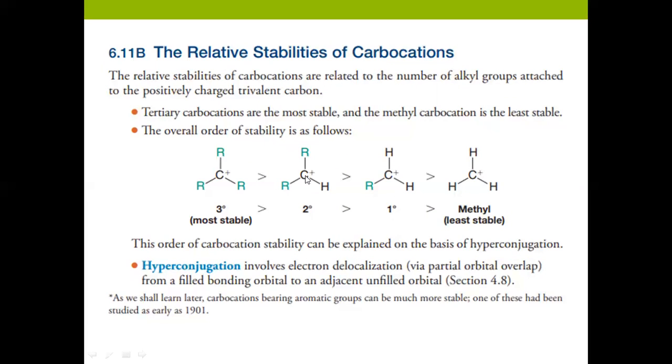But if the adjacent carbon of the carbocation utilizes the sp3 hybrid orbitals, it's possible to have a partial orbital overlap, and that is the basis for hyperconjugation. Can you imagine that, everyone?